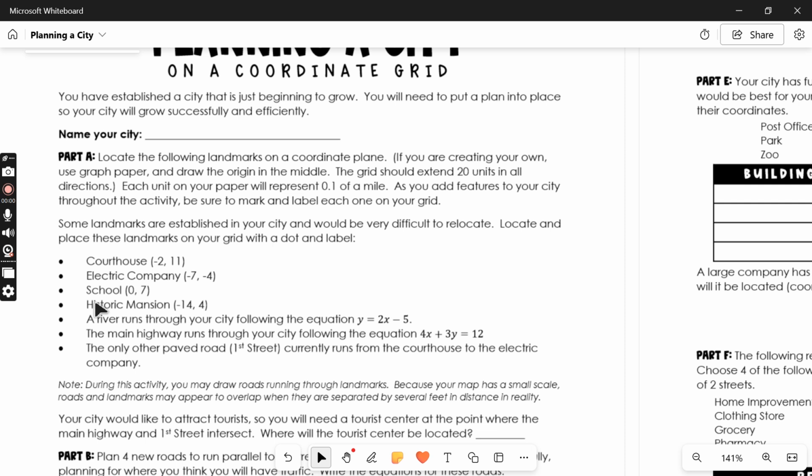You all will end up with different cities. So if I get 2 cities that are identical to each other, we're going to have a problem. If you're asking somebody for help, that's fine, but asking for help and copying somebody are not the same thing.